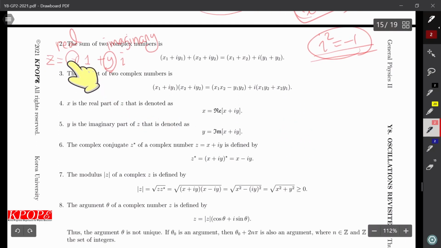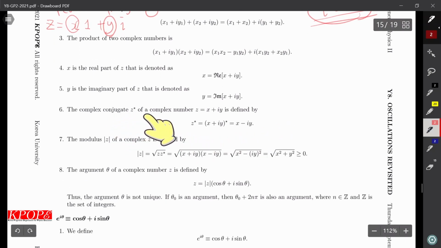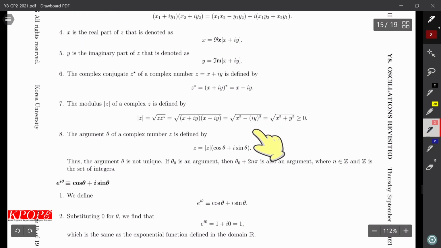As I already told you, the real part of a complex number is x, and the imaginary part is y. The complex conjugate z star is defined as a complex number whose real part is the same as z, but whose imaginary part is opposite in sign. The modulus of z, the absolute value of a complex number z, is defined by the square root of z times z star.